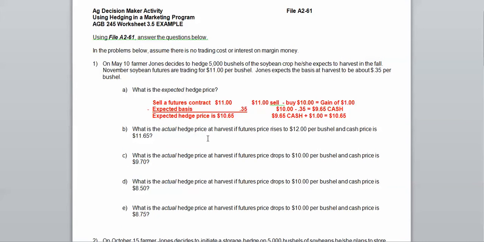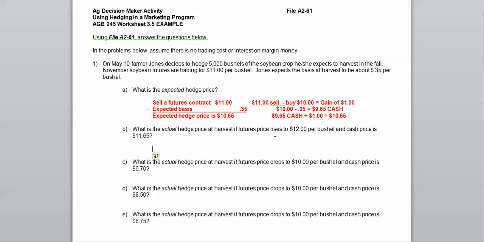Okay, so what is the actual hedge price at harvest if price rises to $12 a bushel and cash price is $11.65? Well, again, our expected hedge price if basis is 35 cents under is $10.65. In this example, basis is 35 cents under. $12 minus $11.65 is 35 cents. So $10.65 is our answer. Well, how is that? We sold the contract for $11. Price rises to 12 bucks.